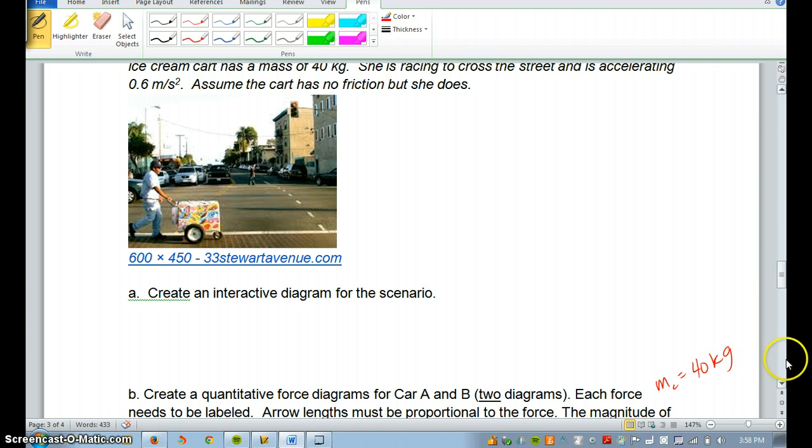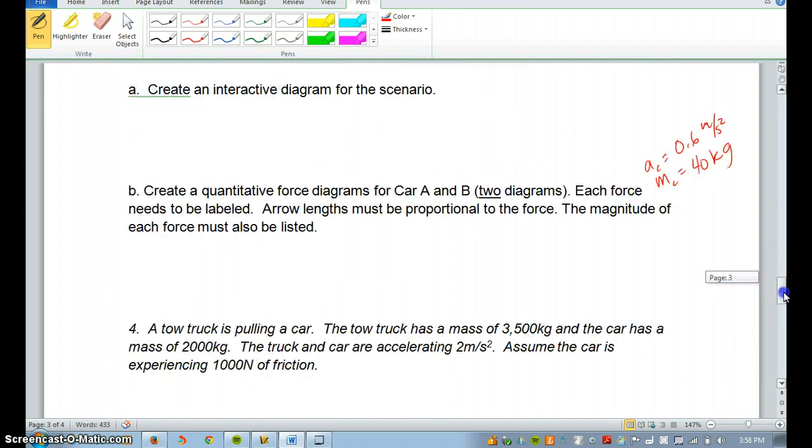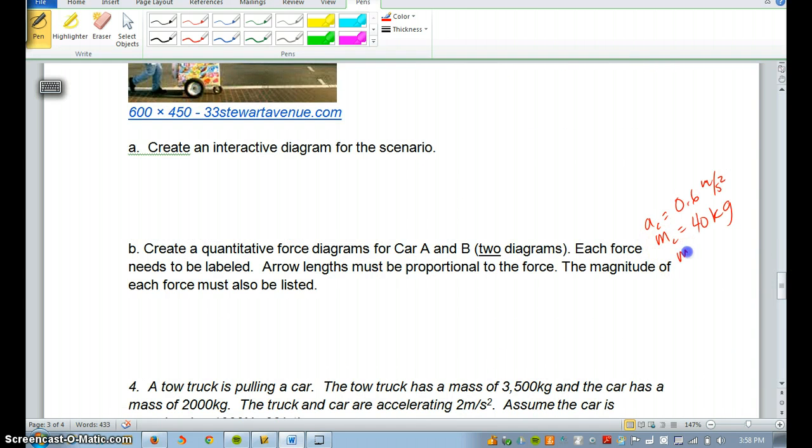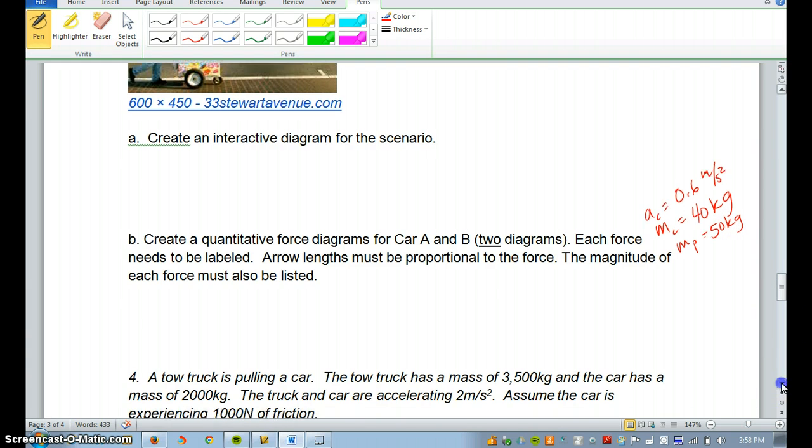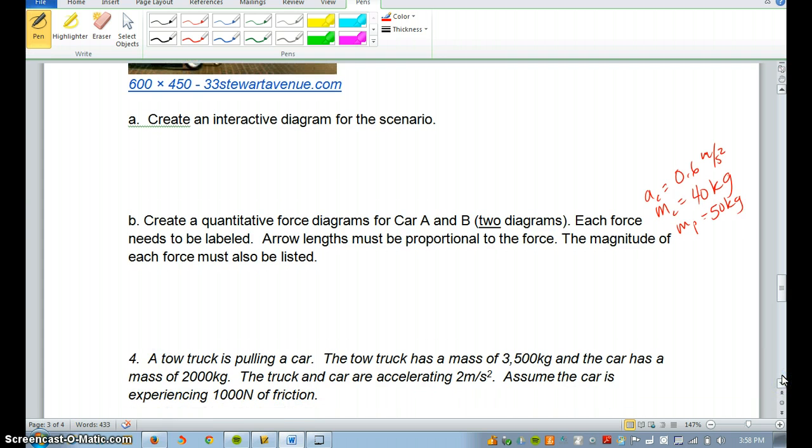The acceleration of the cart is 0.6 meters per second squared. And the mass of the person is 50 kilograms, just so I have this as a reference. Remember, I always want you to write down the values that you know. It makes all the difference in making this easier.